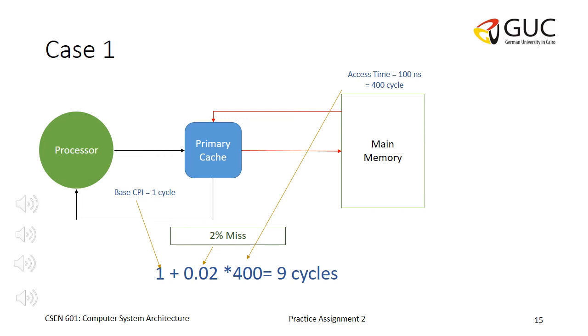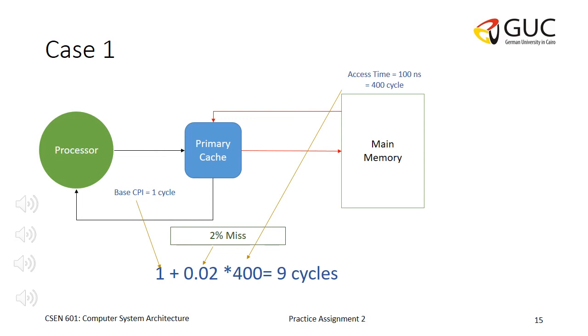So we go to the main memory only in case of misses. If we hit the data we want in the primary cache, there is no need to go to the main memory. How frequent do we go to the main memory when we don't find the data in the primary cache? This is the 2% miss rate that is an attribute for the primary cache here.